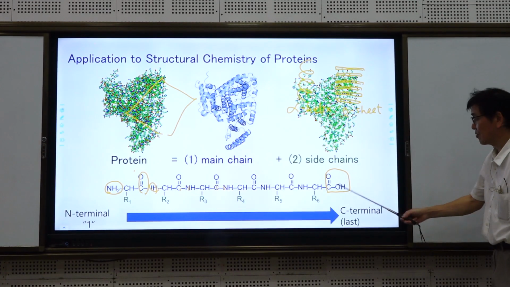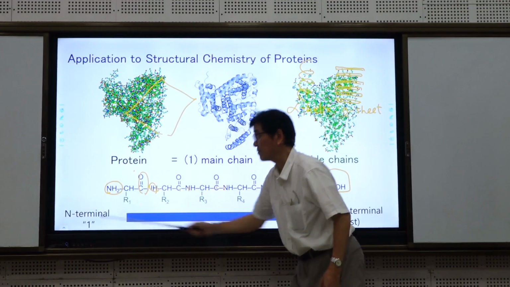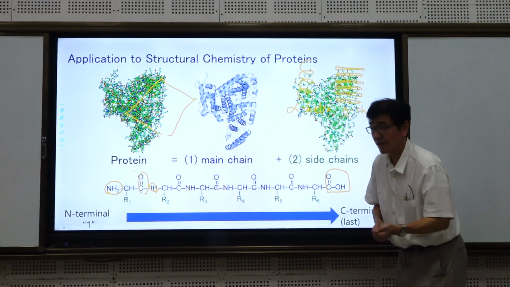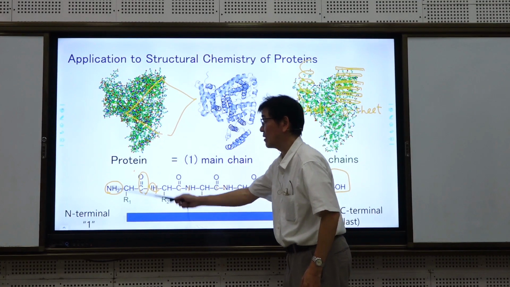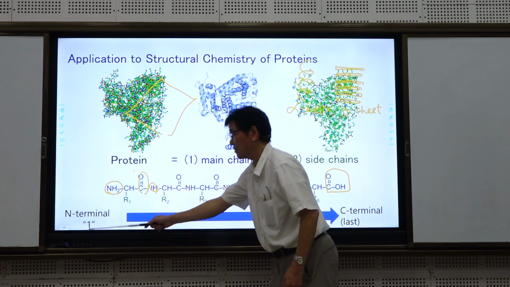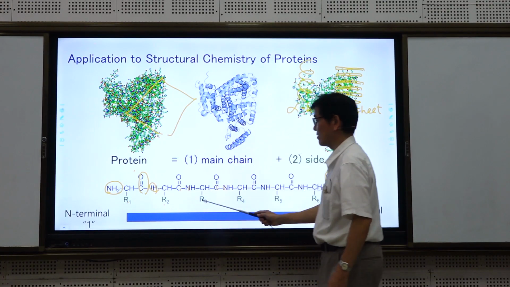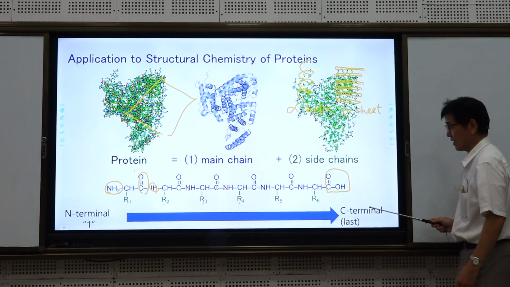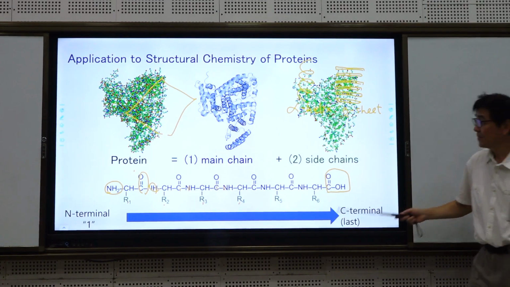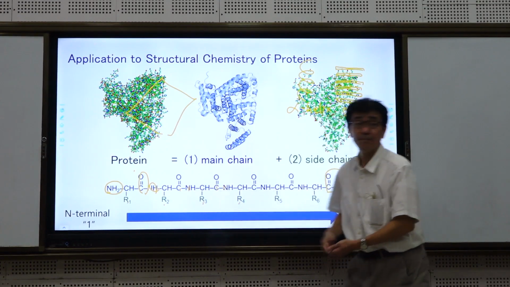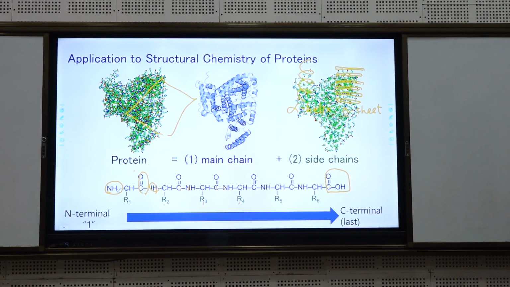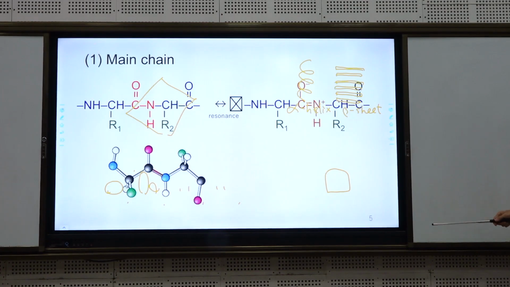This is the C terminal, carbon terminal, nitrogen terminal. And there is a consensus. Let's give the serial number to the amino acids from the N terminal. This is the first one, second one, third one, fourth one, and nth one. So this is a unique number, not opposite. So the serial number is given from N terminal to C terminal, nitrogen terminal to carbon terminal.